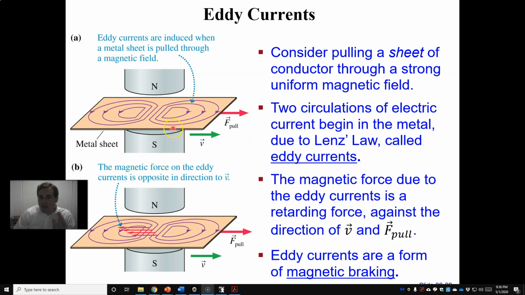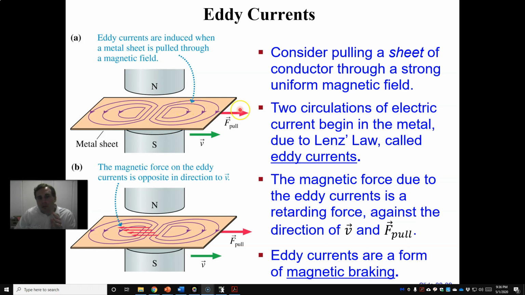So what we're saying is this. If you take this conducting sheet and pull it through this strong magnet, notice that there's going to be current, that is electrical current, in the sheet itself, which is going to tend to, by Lenz's law, resist the change. Notice that previously there were magnetic field lines moving from south to north over this region.